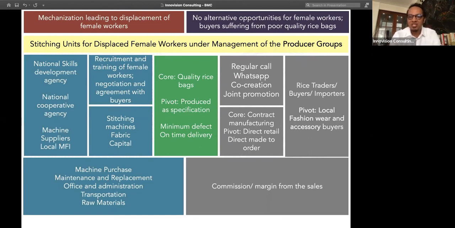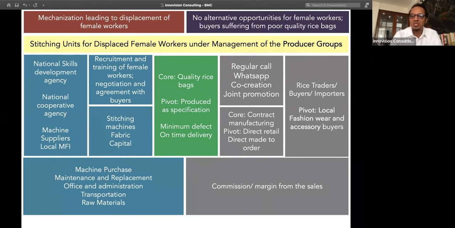The value proposition, as I said, is for the rice traders, buyers, and importers, which is quality rice bags, produced as per specification, with minimum defect, on-time delivery, and so on and so forth. But the pivoted solution is about targeting the local fashion wear and accessory buyers. So the original idea was about targeting rice traders, buyers, and importers with quality rice bags. But then they also saw an opportunity that the local fashion wear and accessory buyers also needed products.